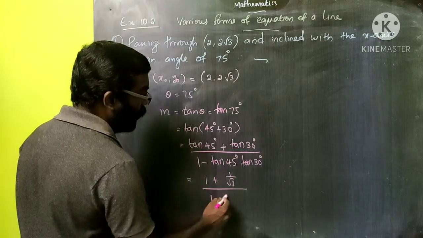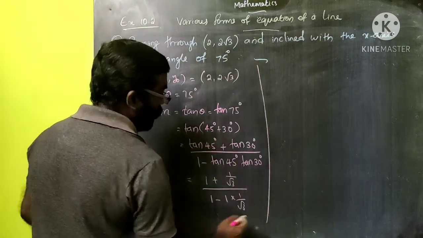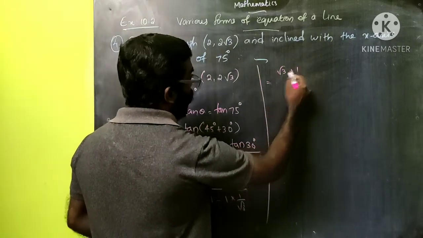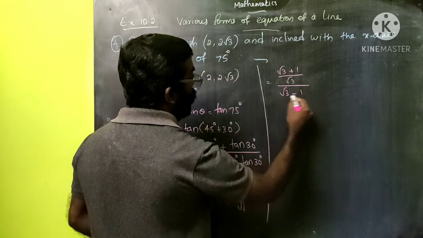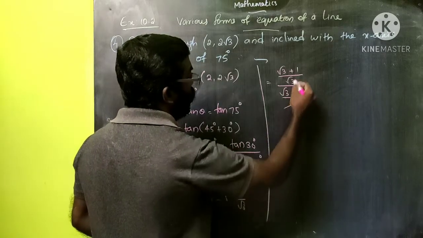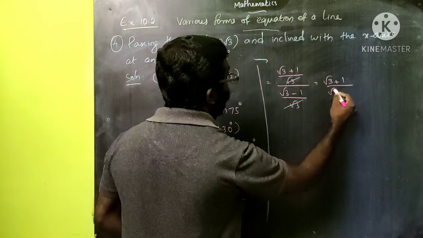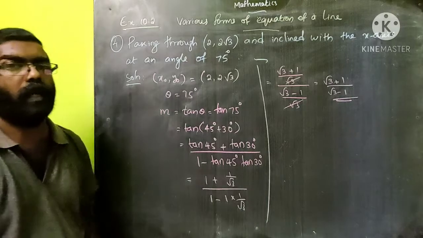Here also 1 minus 1 into 1 by root 3. Now we can cross multiply. Root 3 plus 1 divided by root 3, divided by root 3 minus 1 divided by root 3. Root 3 we can cancel. So we get root 3 plus 1 divided by root 3 minus 1. This is the slope of the line.